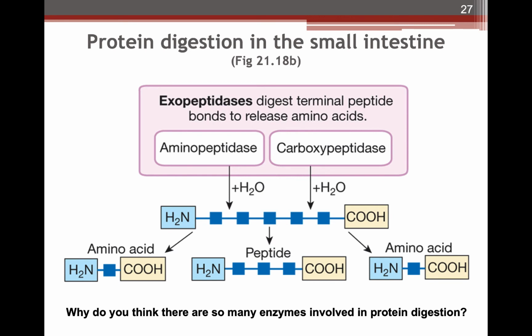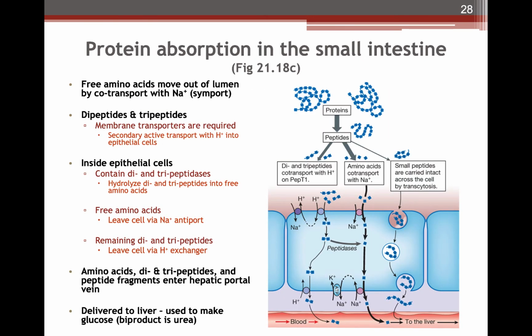That's the idea, to have all of these protein digesting enzymes. And so the job of these endo and exopeptidases is to take these massive proteins up here and turn them into smaller fragments, either single amino acids or di and tripeptide level, or oligopeptides, small peptides. These are too big to fit through carrier proteins.